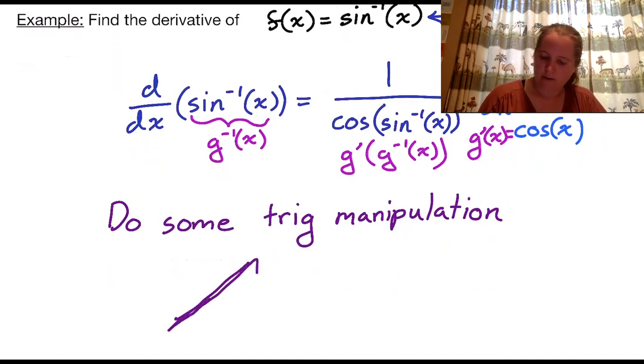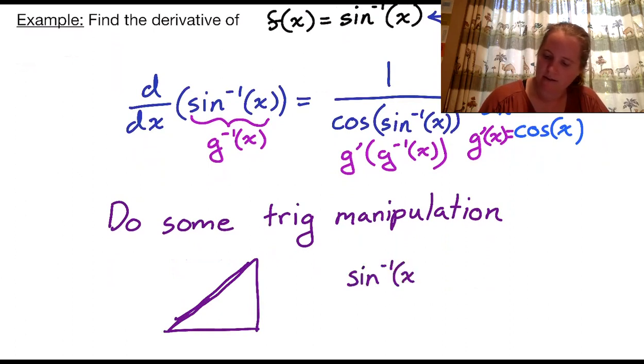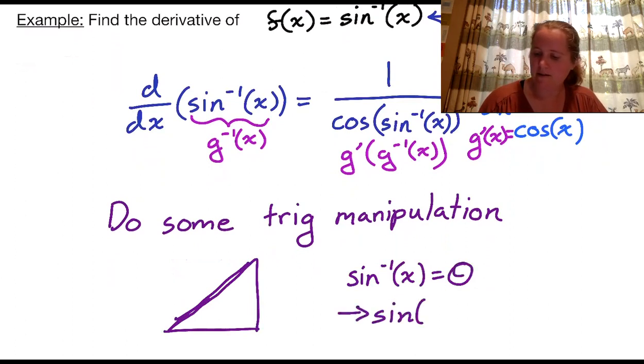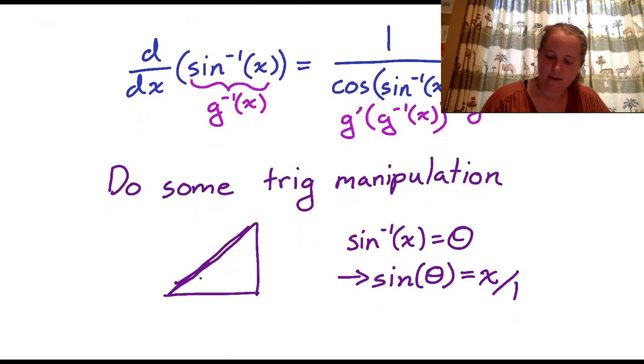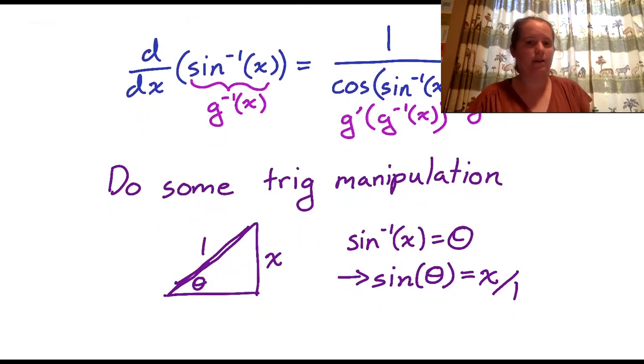So if we're looking for the angle that would give us sine of that angle equals x, right, so if sine inverse of x equals theta, then we have that sine of theta is equal to x, or x over 1. Then if this is our angle theta, we could do that as putting x here and 1 here. So x is opposite, 1 is the hypotenuse. Sine is opposite over hypotenuse.